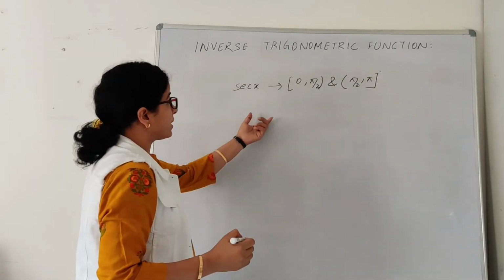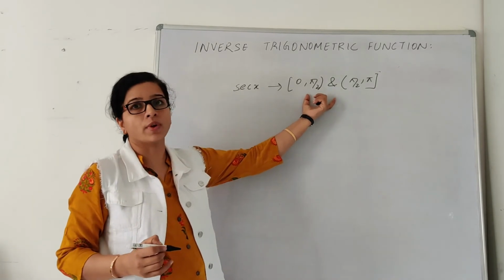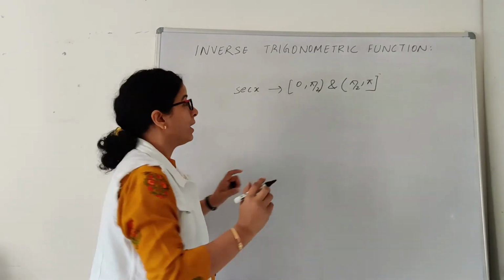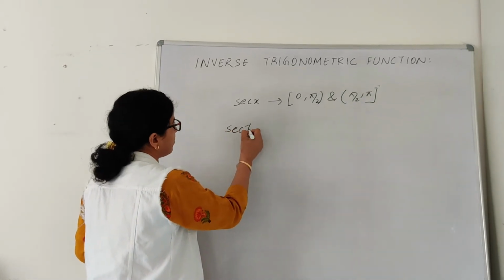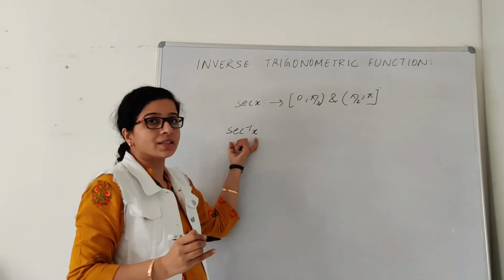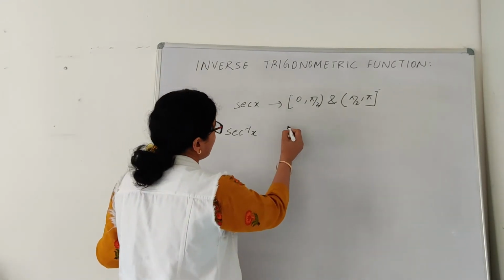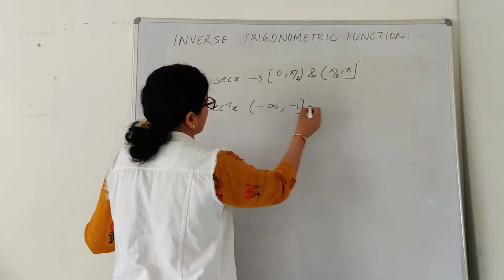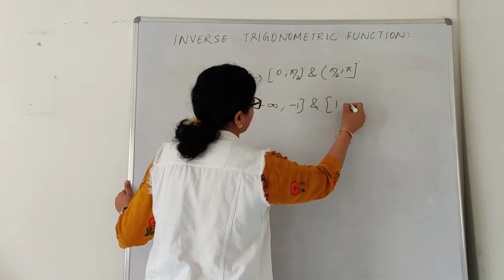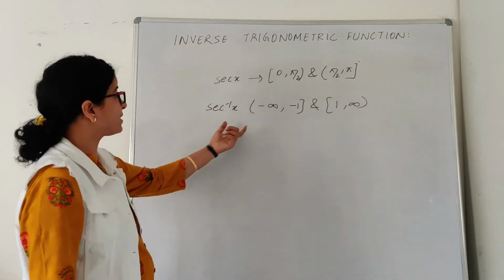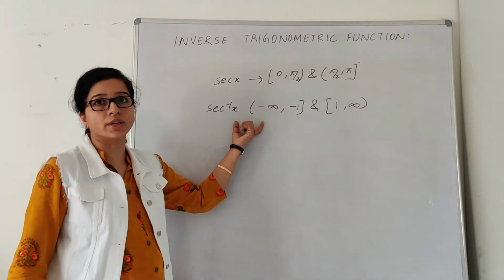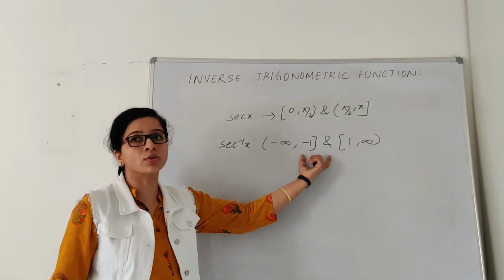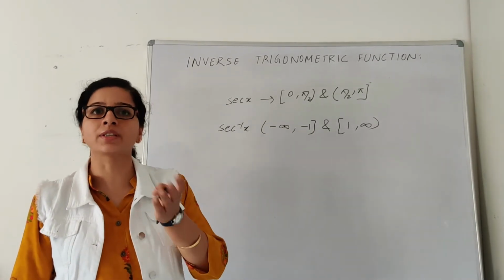But if I take the union of these two intervals, it will be neither increasing nor decreasing. Now, secant inverse x is an increasing function in minus infinity to minus 1 and 1 to infinity. In these intervals, my secant inverse function is increasing. But if I take the union of these two, then it will be neither increasing nor decreasing.